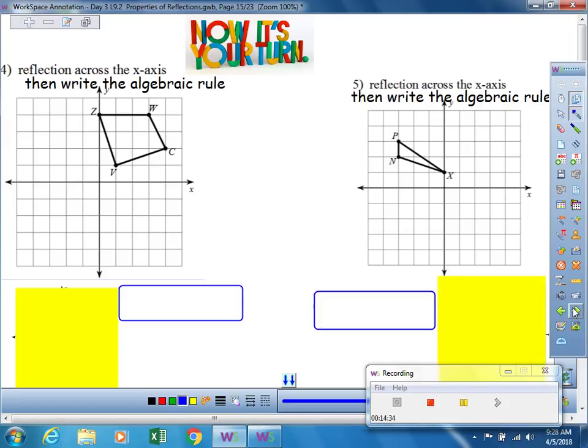Do these two. Write the rule. The rule is right here. Reflection across the x. And then write the algebraic rule for both.